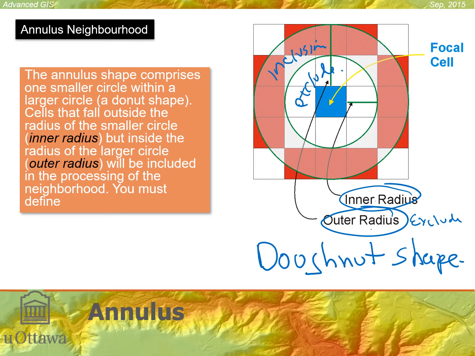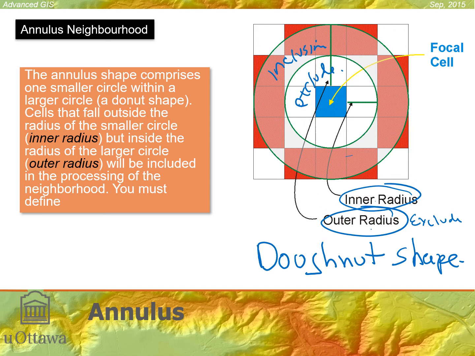And again, that can be interesting when you're looking at relationships where you have a certain functional understanding of how they may change with distance between the focal cell and the cells out here that are further and further away.